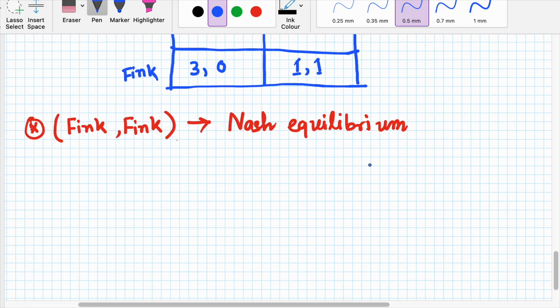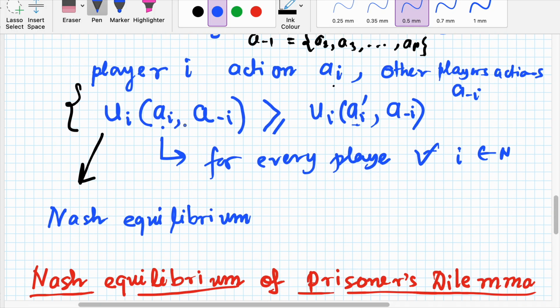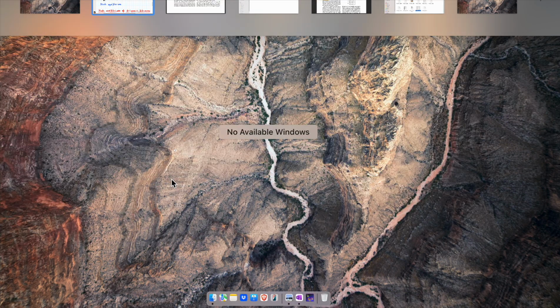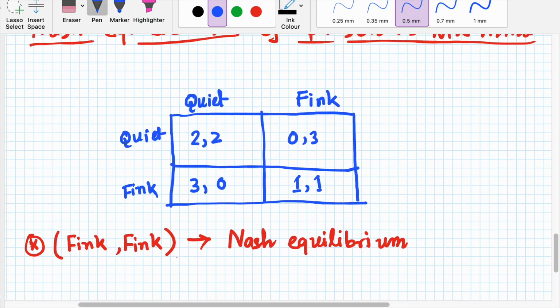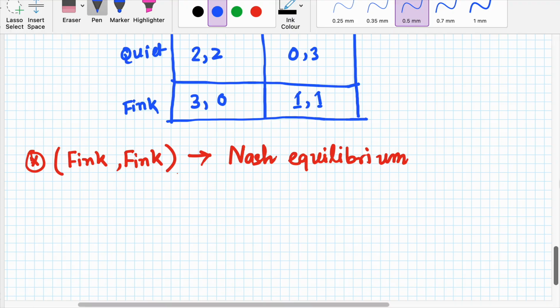Let me restate: there is no other action, other than the one prescribed by the Nash equilibrium, to which an individual would shift and gain in utility. Now we will see that Fink, Fink has this property.